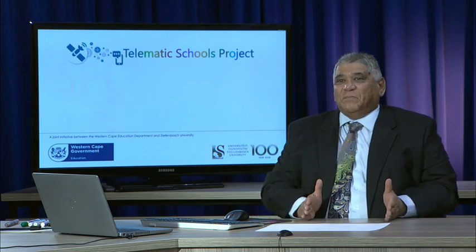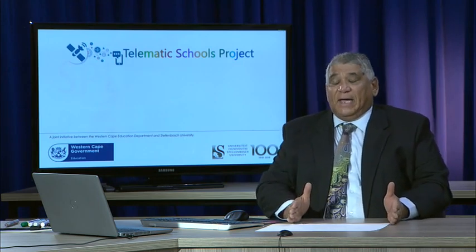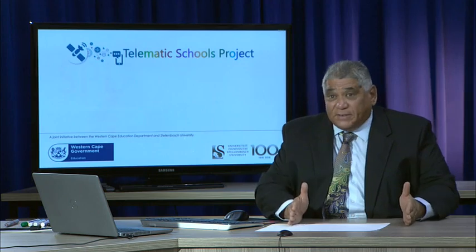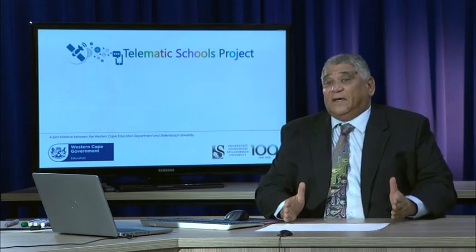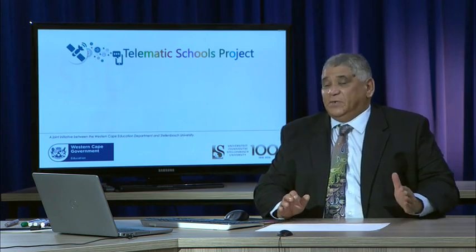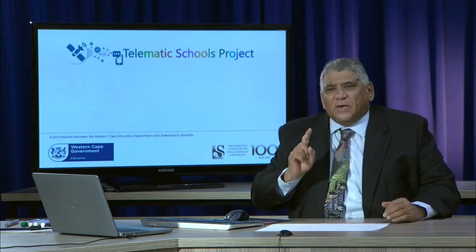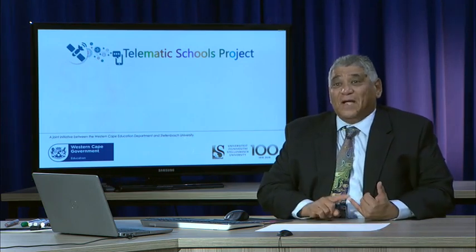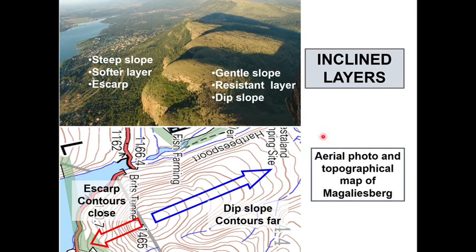So now you've got your topographic map, and it's in question 3 that this has been examined, and they ask you where's the dip slope and where's the escarp? It's quite easy if you understand contours and know your work. Here, where the contours are closer to each other, I will get my escarp, and here, where they are further apart, I will have the dip slope.